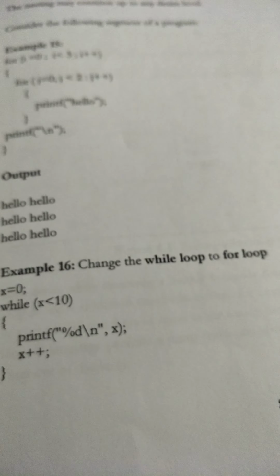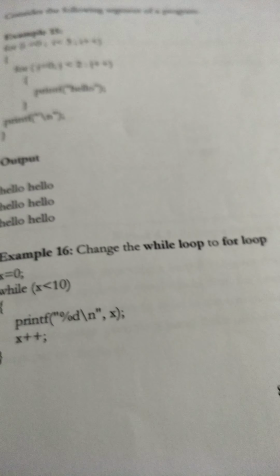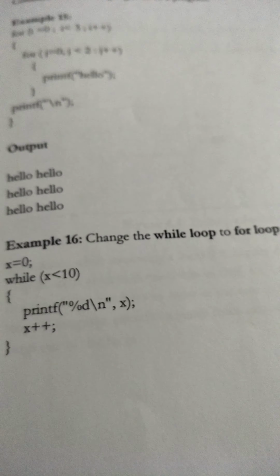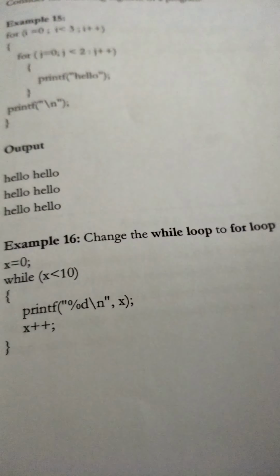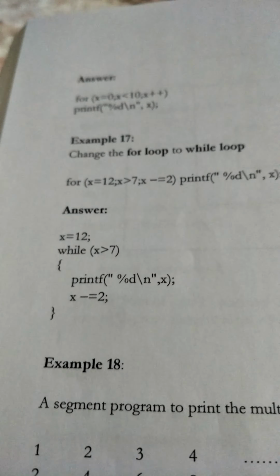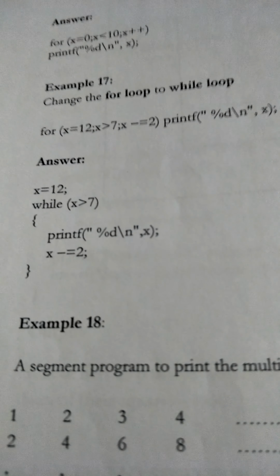Of course, you can change the while loop to the for loop, or from for loops to while loops. You can always do that. Those are examples of how we change from for to while to for. I think you can study those things.